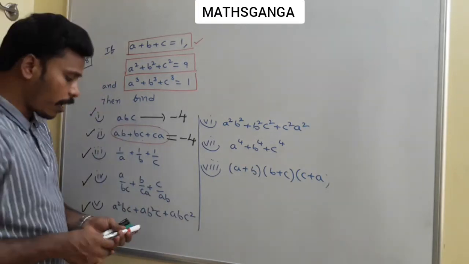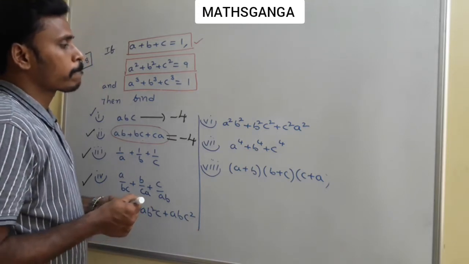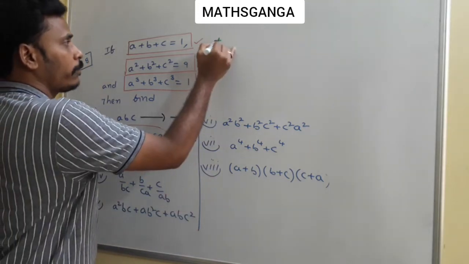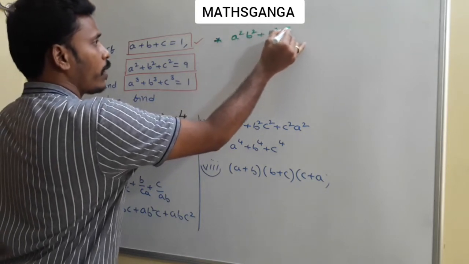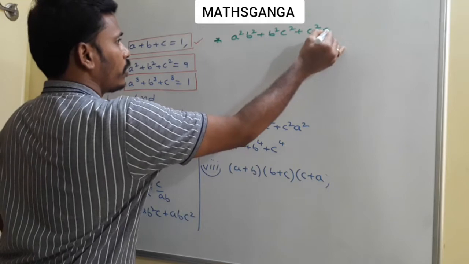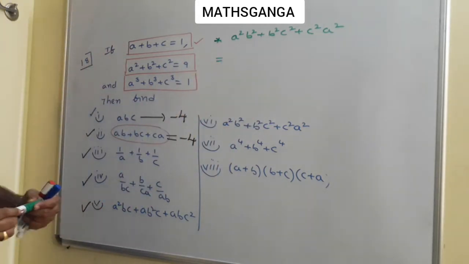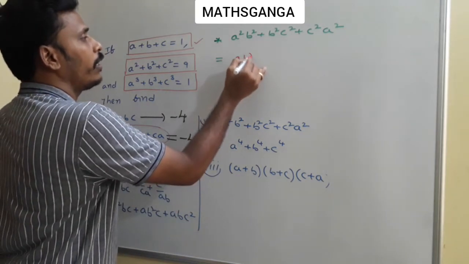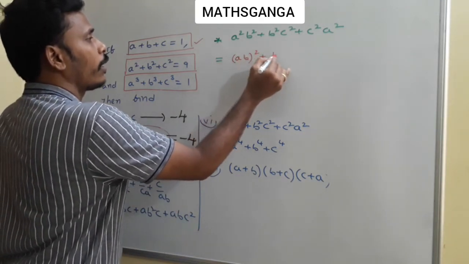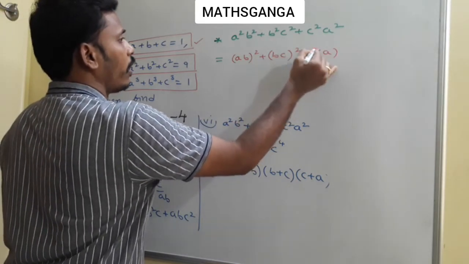So I need to start with a square b square plus b square c square plus c square a square, and that is equal to, you just rewrite it like this: ab whole square plus bc whole square plus ca whole square.